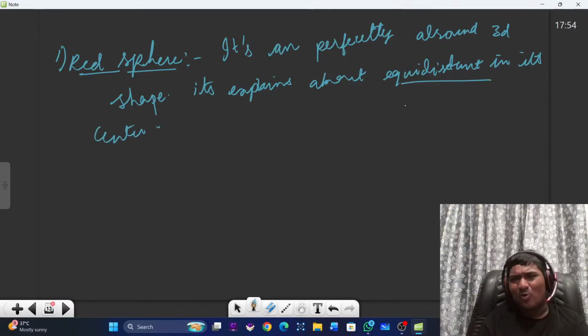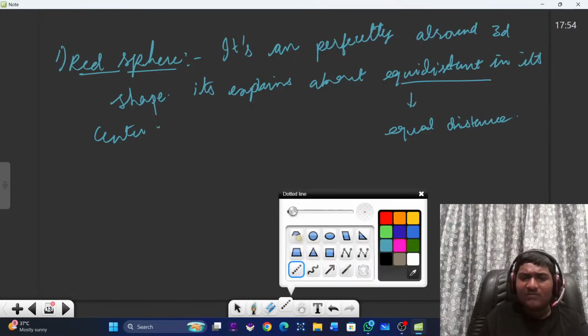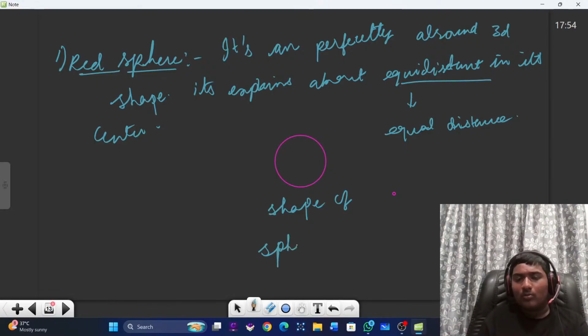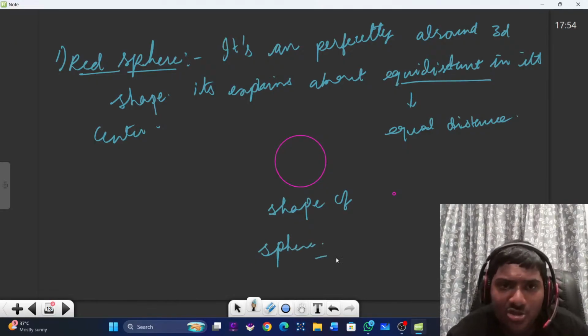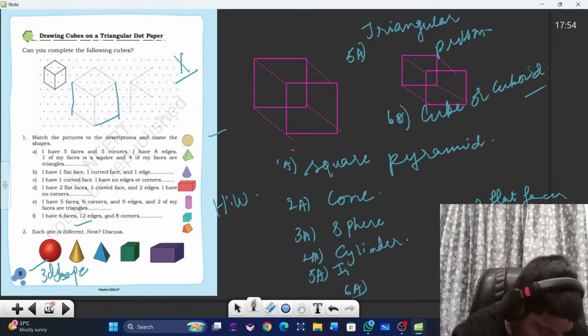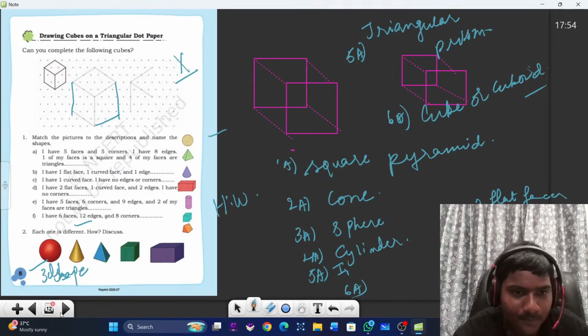What is this equidistance? Equal distance. Okay, children, what is the shape of a sphere? This is the shape of a sphere. Shall we move ahead to the next one, which is gold cone?